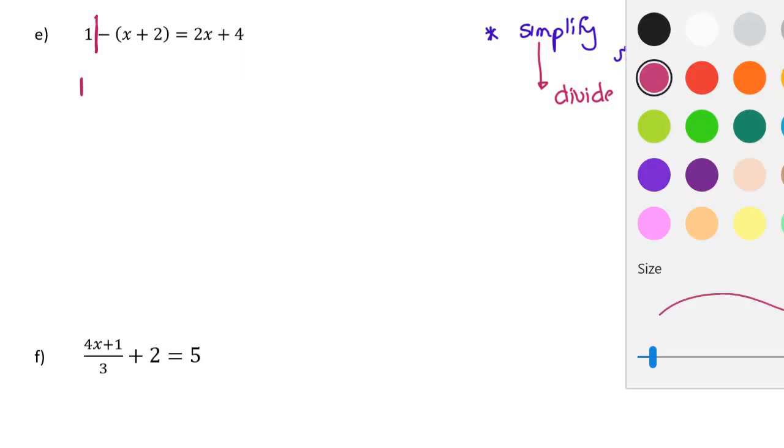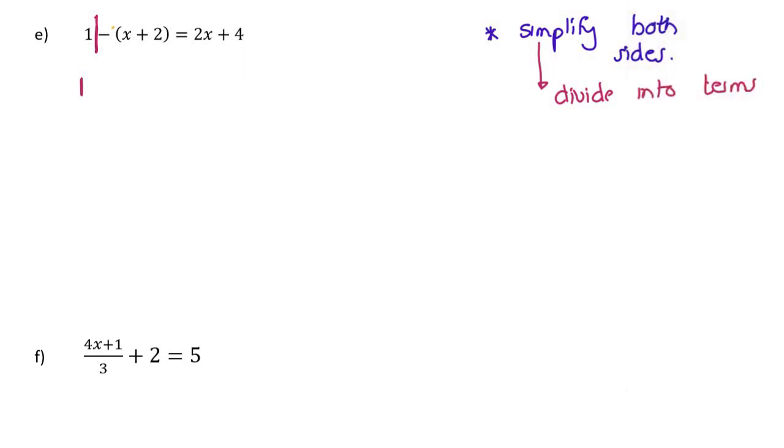And this minus is technically an invisible negative 1, and so now I need to distribute it into the bracket. So when we say simplify both sides, don't forget that your first step is to divide into terms, then simplify each term. So I'm going to write myself a note here, divide into terms, and simplify each term.